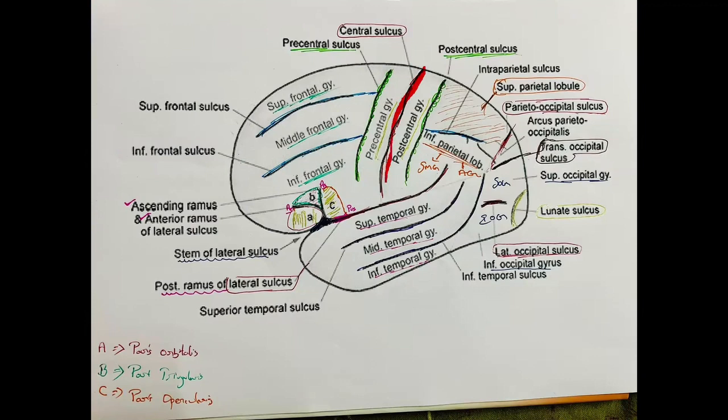This is the central sulcus. Now this is the lateral sulcus. In front of the central sulcus and above the lateral sulcus, you have your total frontal lobe. In front of the central sulcus, you have one more sulcus called the precentral sulcus.